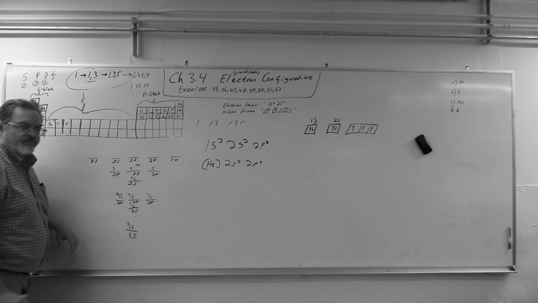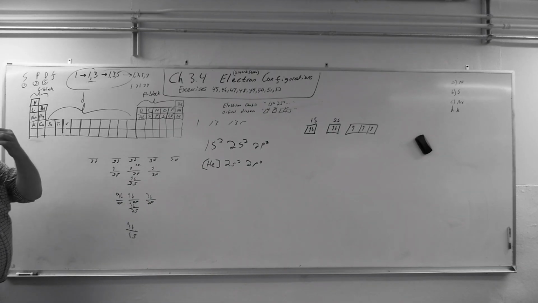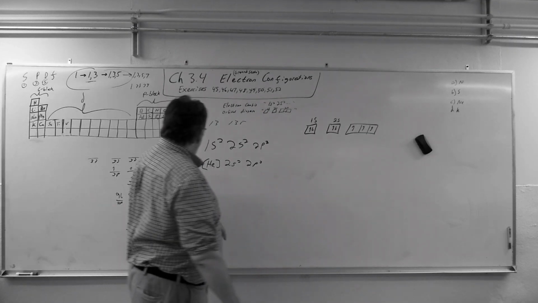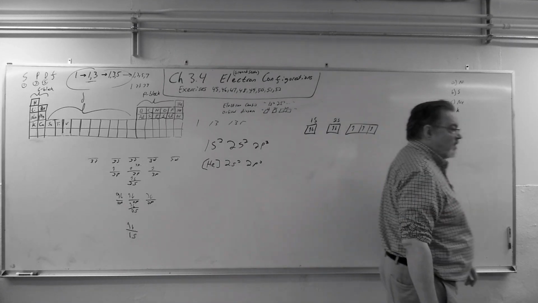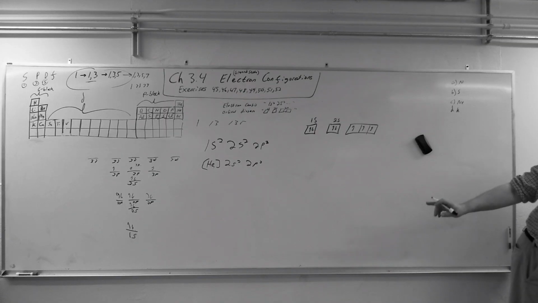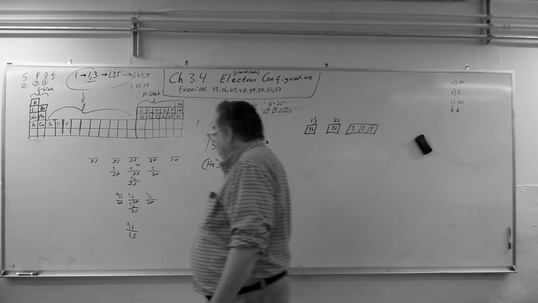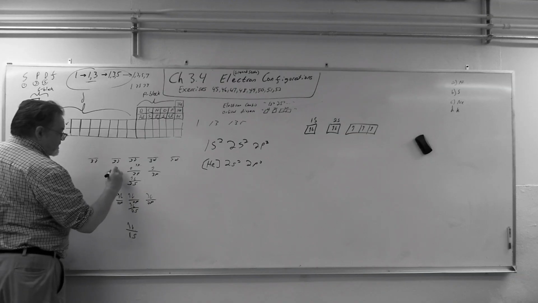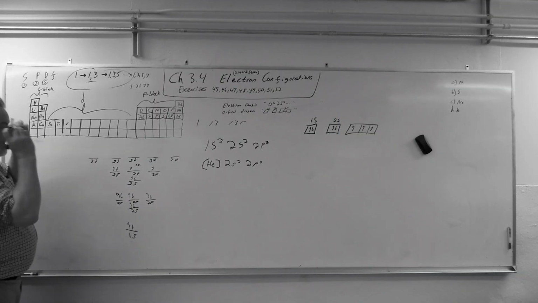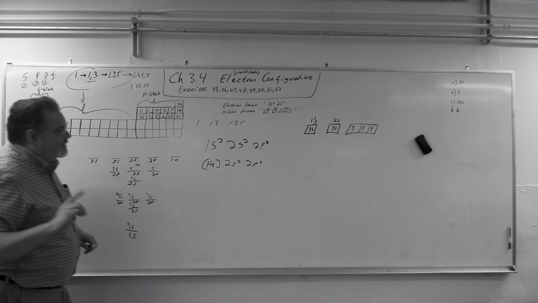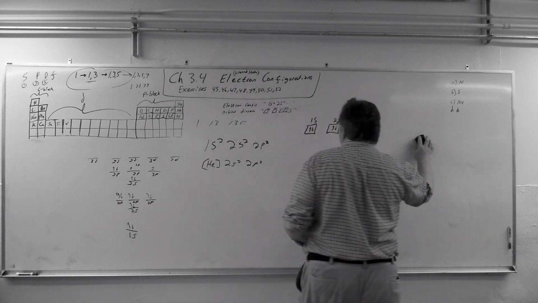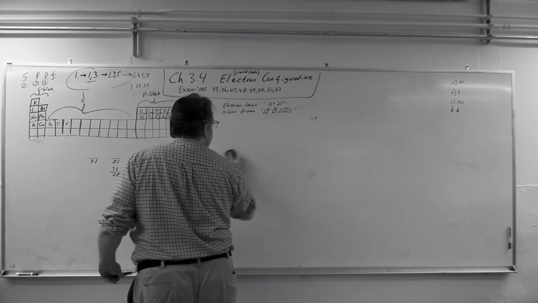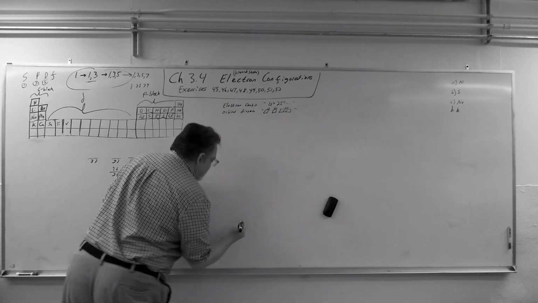That's sulfur. Is it 15? 16. 16, so there's one more. 2, 4, 6, 8, 10, 12, 14, 15, 16. There's sulfur. Let me show you one more thing. Let's do side by side.